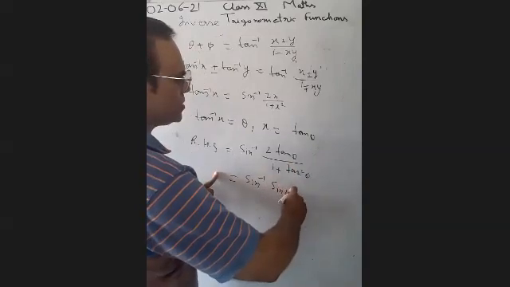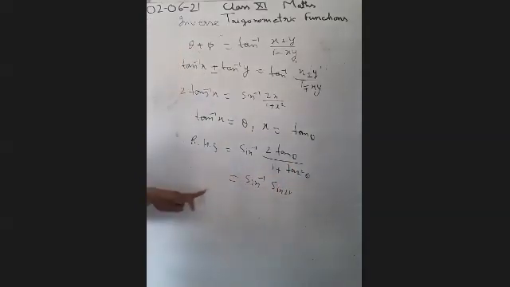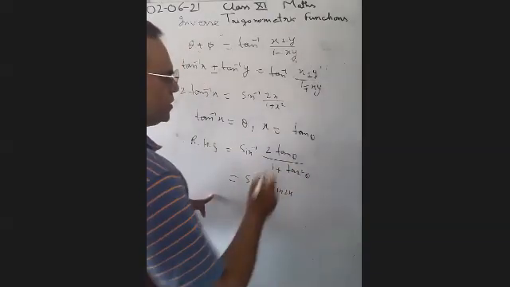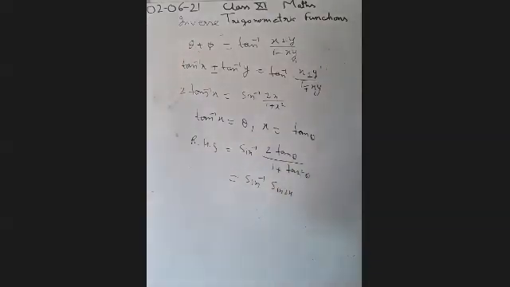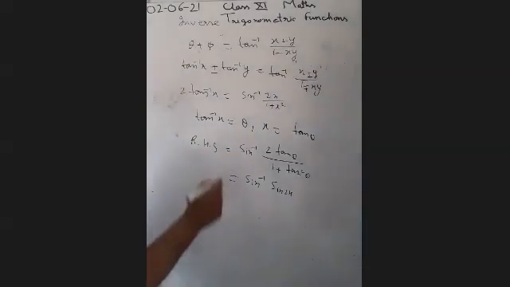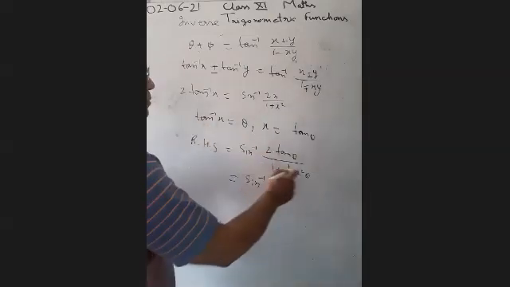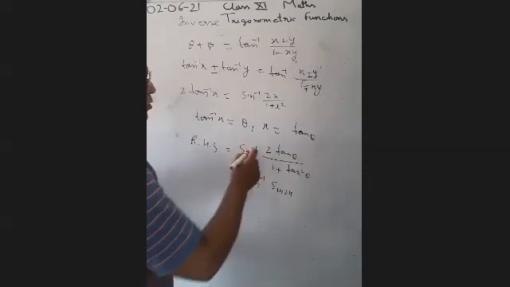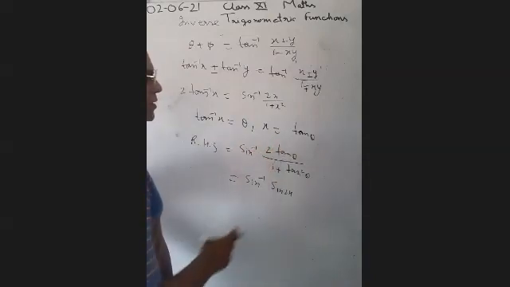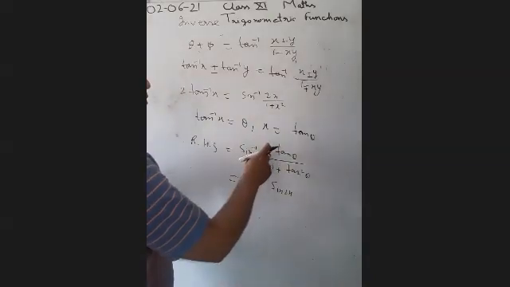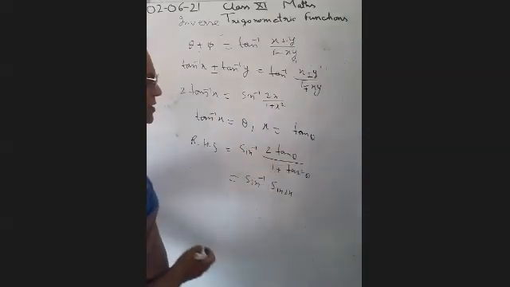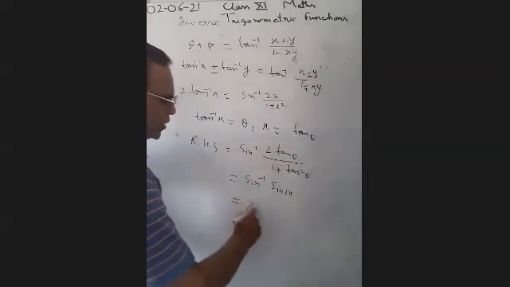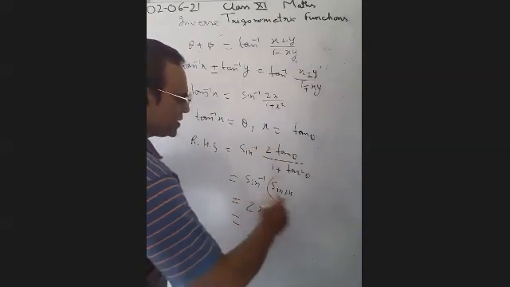We have three formulas: sin 2 theta is equal to 2 tan theta upon 1 plus tan square theta. Cos 2 theta is equal to 1 minus tan square theta upon 1 plus tan square theta. Tan 2 theta is equal to 2 tan theta upon 1 minus tan square theta.